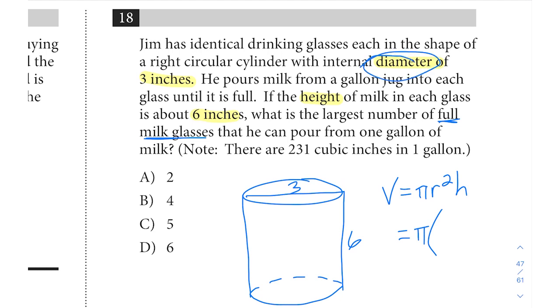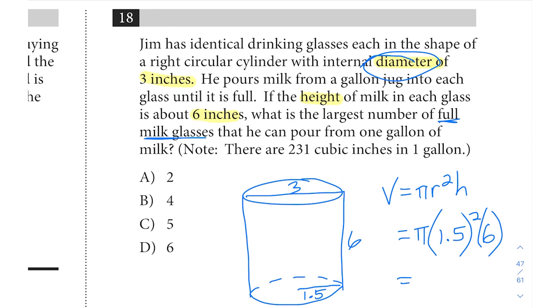So this would be pi times the radius squared. Just be careful here because they give you 3, but that's the diameter. Remember, your radius is half the diameter. So if the entire diameter is 3, your radius is 3 divided by 2, which is 1.5. So this would be 1.5 squared for the radius, and then times that height of 6.